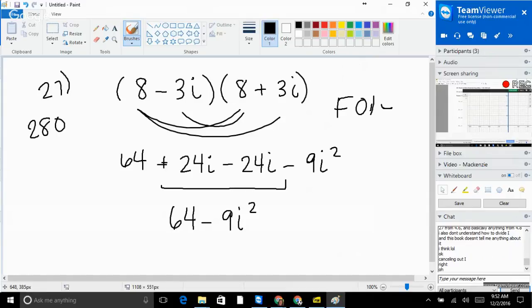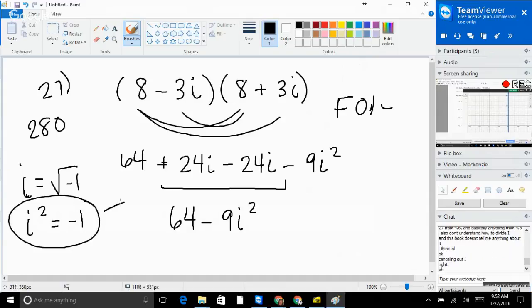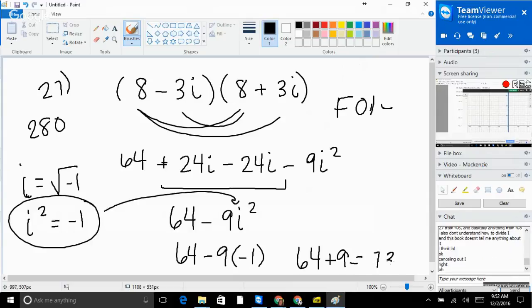Okay. Now, i squared is one of those special things. So i equals the square root of -1, and i squared equals -1. Okay, so if I plug in -1 over here, I get 64 minus 9 times -1, or 64 plus 9, or 73.